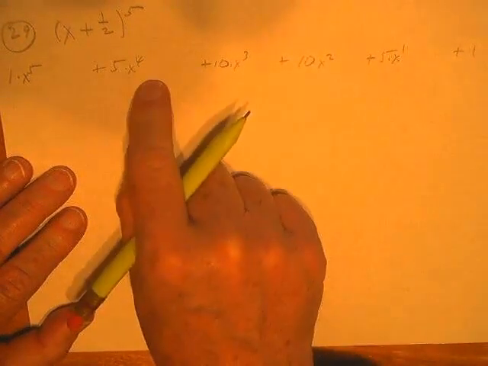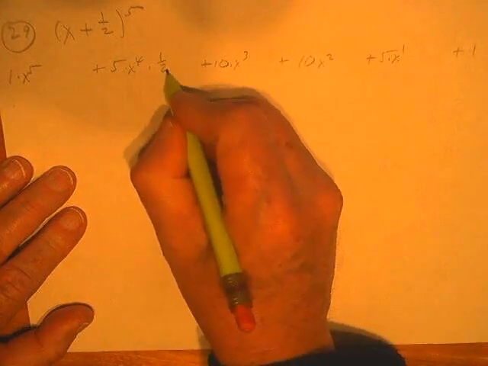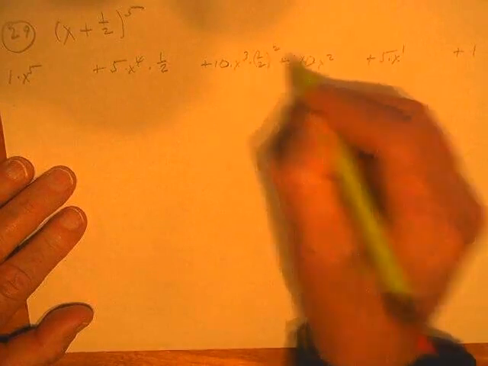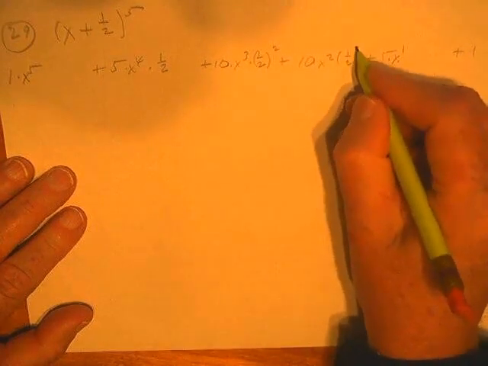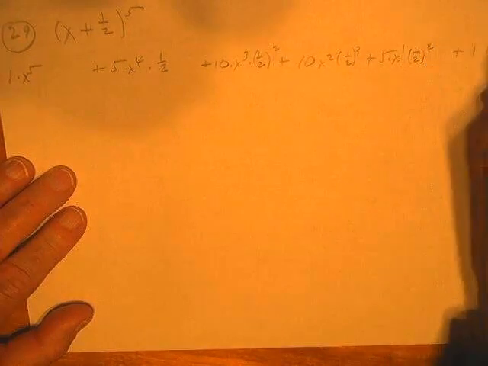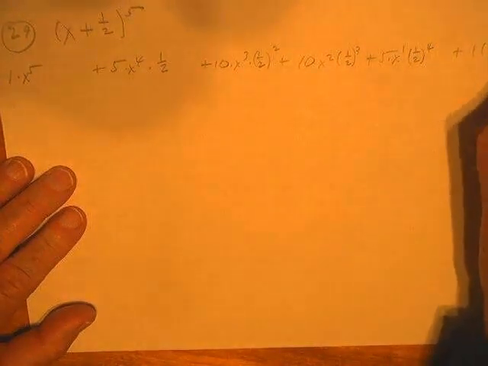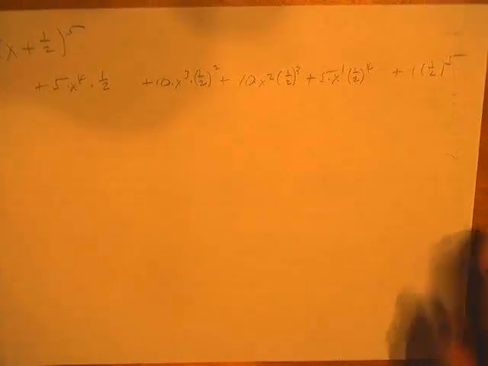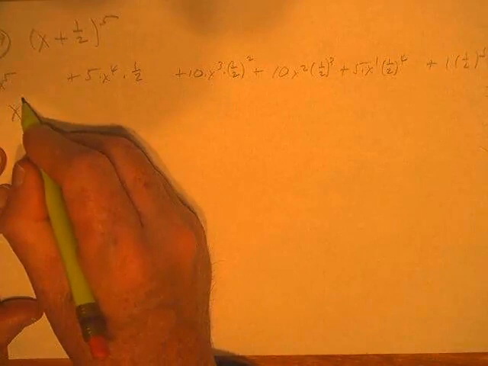Okay? Let's start with the half right here. A half to the 1st, a half to the 2nd, a half to the 3rd, a half to the 4th, a half to the 5th. And I'll just calculate, well, this is not too bad.